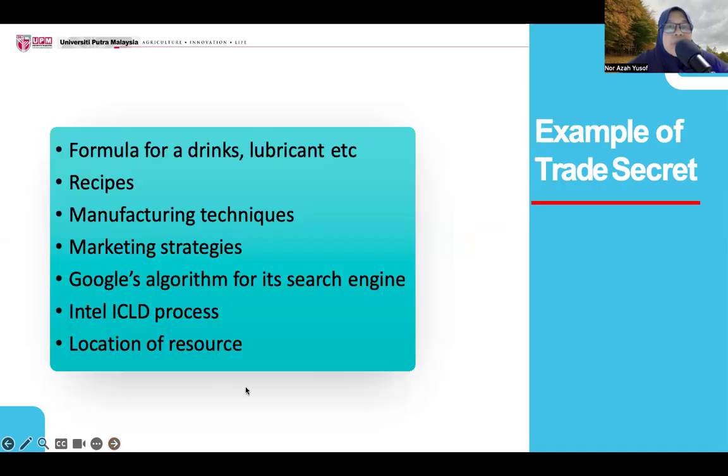So formulas for drinks, lubricants, things that you do in the lab, especially recipes, formulations, marketing strategies also, algorithms, there are also other trade secrets.